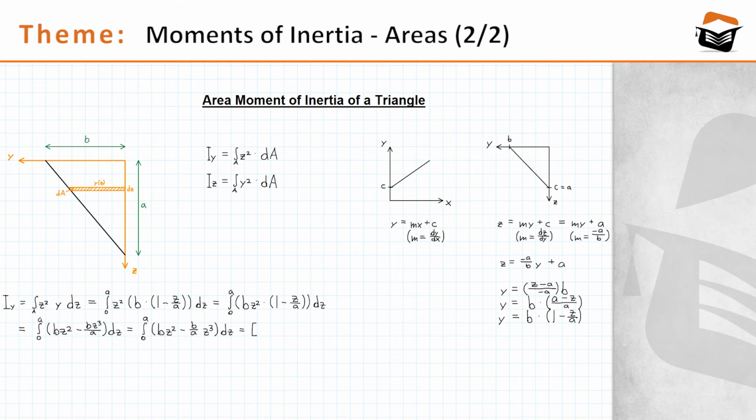So bz squared, the antiderivative, is going to be 1/3 times b times z to the third power minus 1/4 b over a times z to the fourth power.